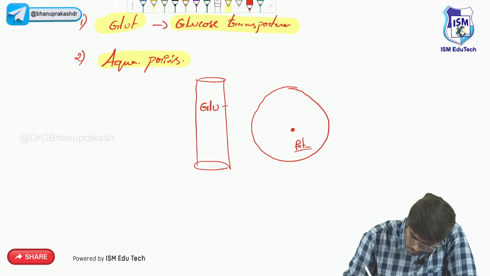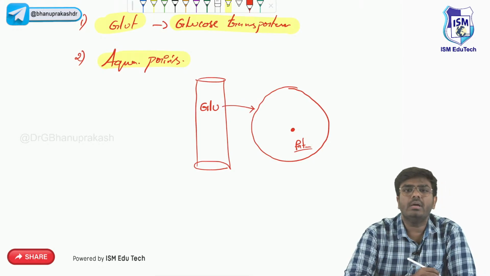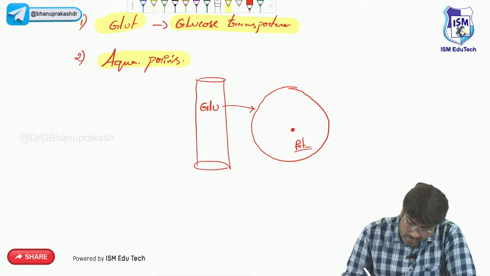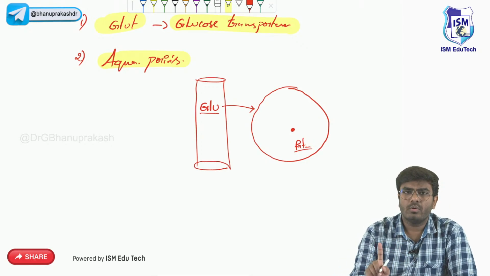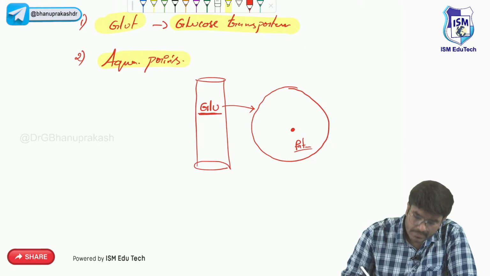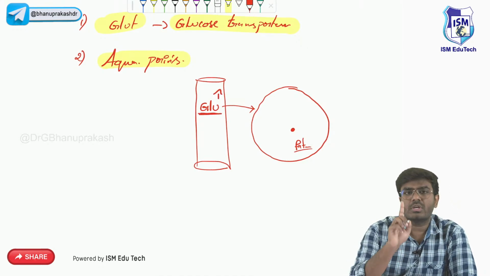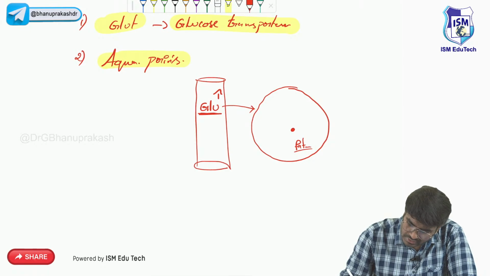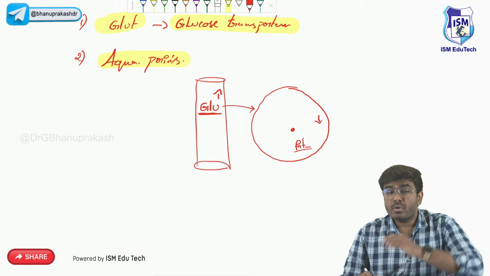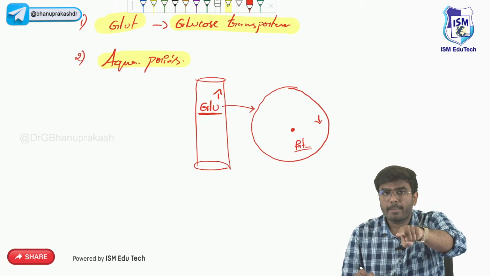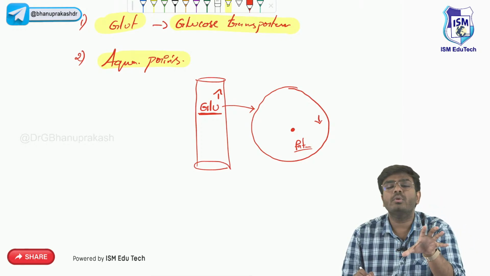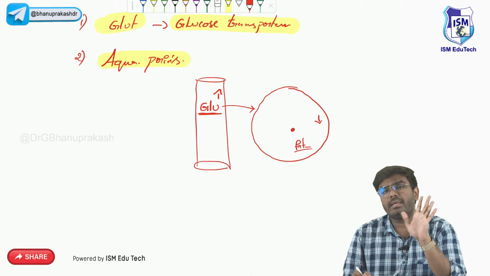Do you think this glucose molecule can enter into the adipocyte normally? No. Glucose concentration is high in blood, and glucose level in the adipocyte is less. So glucose is moving from high concentration to low concentration. The concentration gradient is there. But what is the problem? The glucose molecule cannot cross this cell membrane.